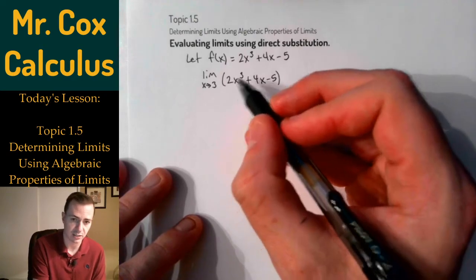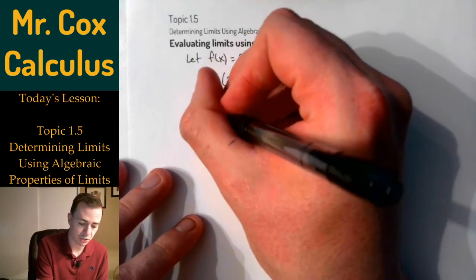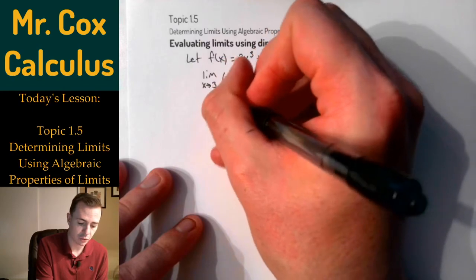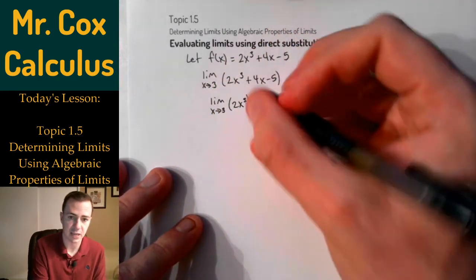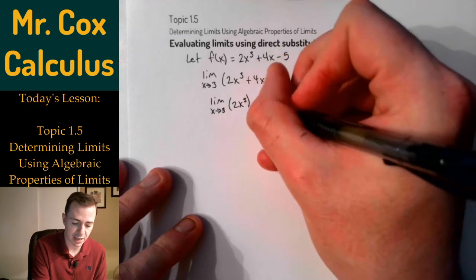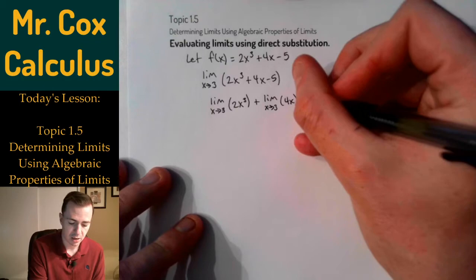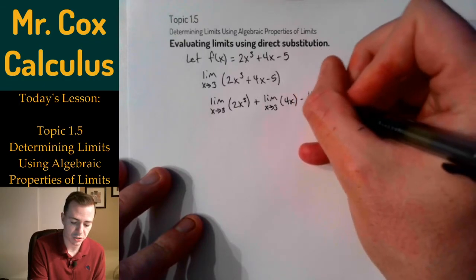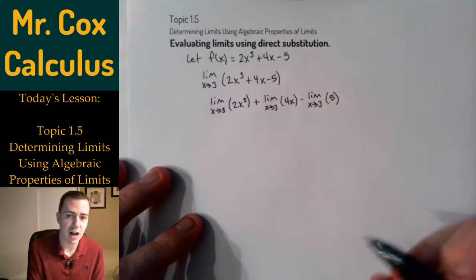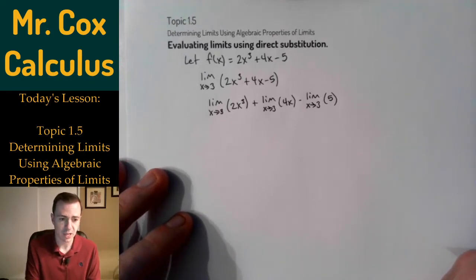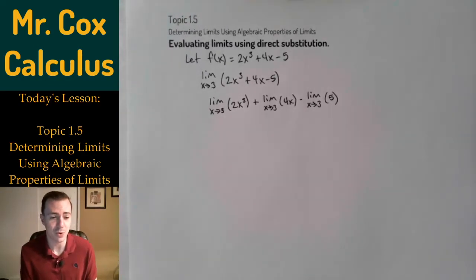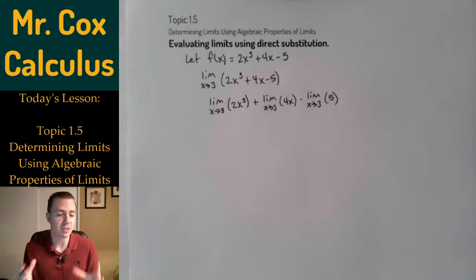So I can look at the limit as x approaches 3 of 2x cubed by itself, plus the limit as x approaches 3 of 4x by itself, minus the limit as x approaches 3 of 5 by itself. I'm using the properties from the previous video to ultimately break this down into those singular building blocks that we started with.